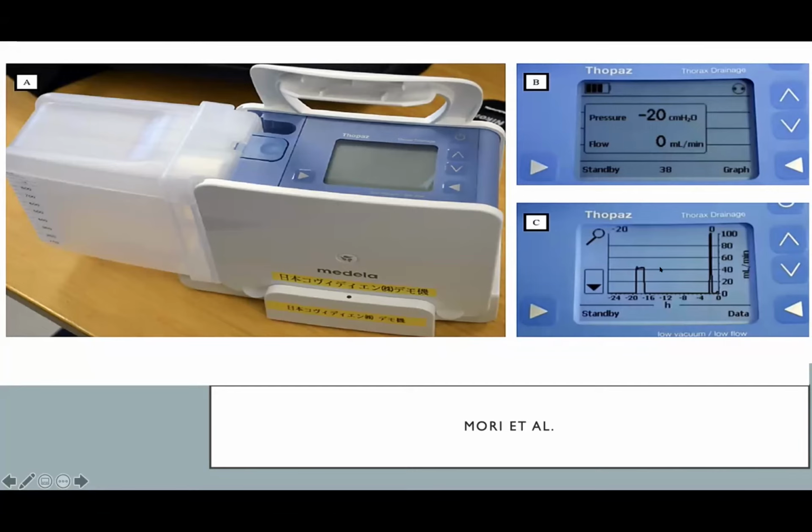You can also change it with the buttons here. It's very simple; you can increase or decrease the pressure. It can help you follow up the air leak in your patients in general. So this is the basic principle.